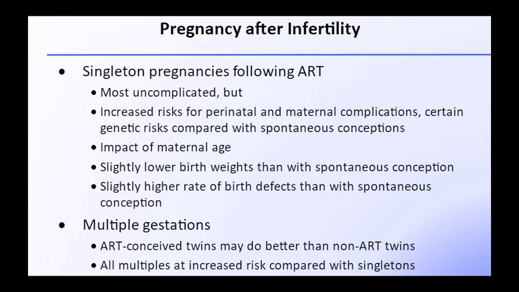It is not clear whether these risks are related to the treatment or to an underlying reproductive pathology. The report noted that ART patients tend to be older than average, and age is an independent contributory risk factor for many complications.